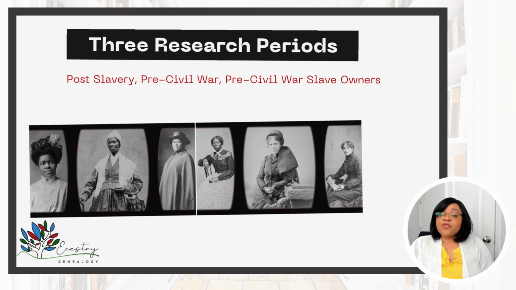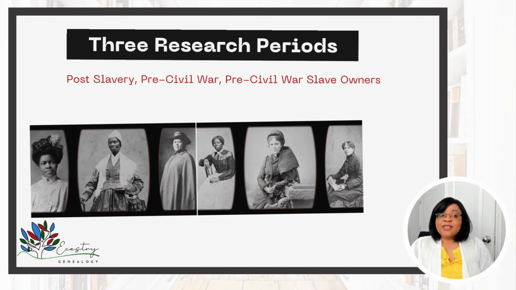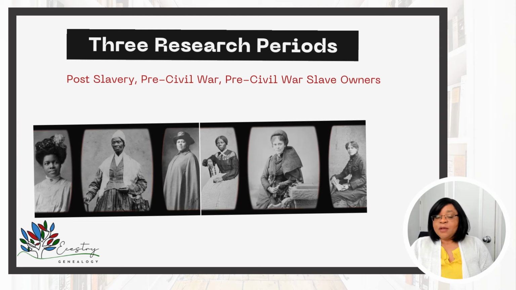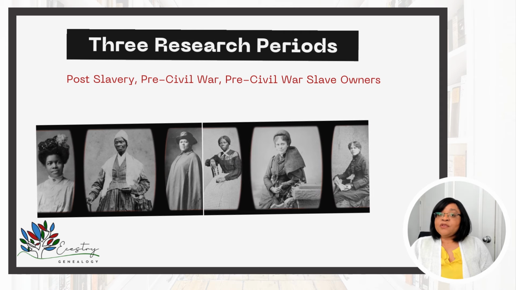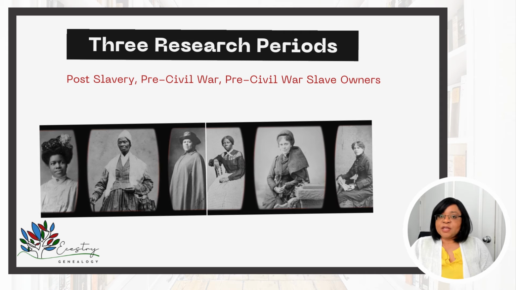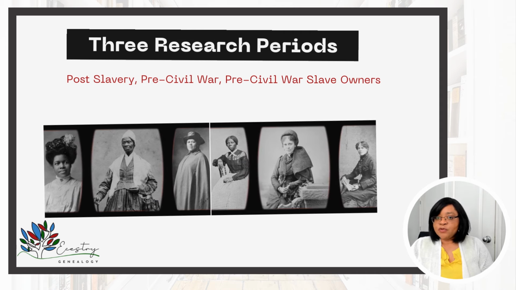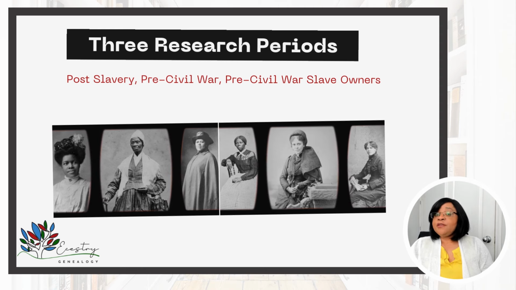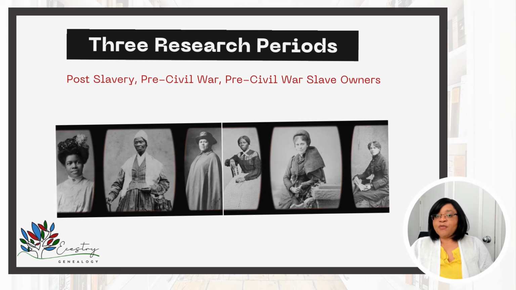So when I research African American genealogy, I think of three distinct time frames in history. There is the post-slavery 1870 and forward research, and then there is research pre-Civil War during slavery.